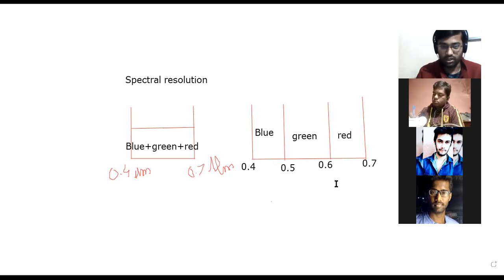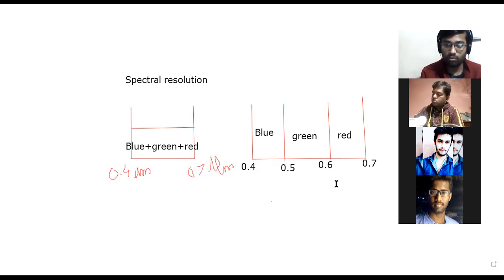But in case of higher spectral resolution, what I am doing is separating the bands. With the help of this separation, you can identify the smaller details in your imagery and in colors actually. So this is called multispectral imagery.